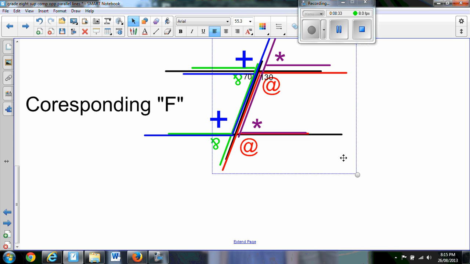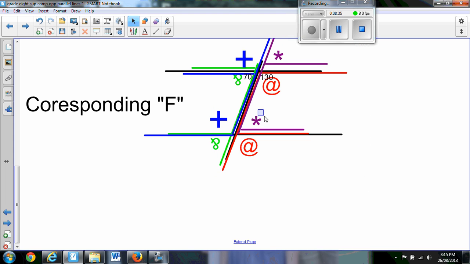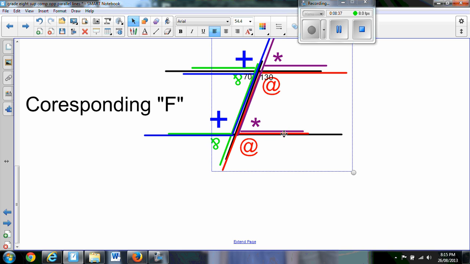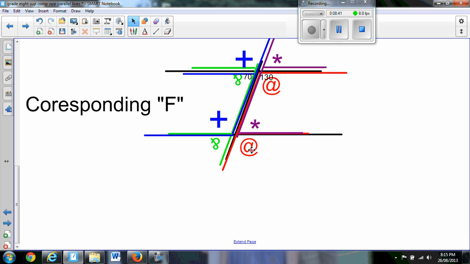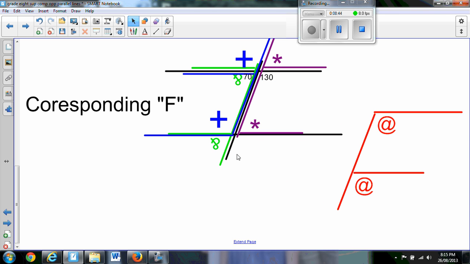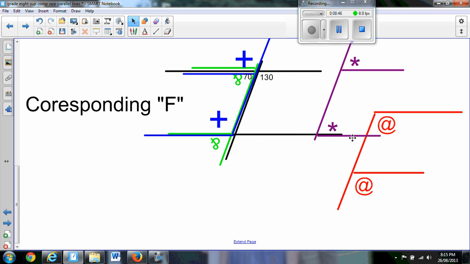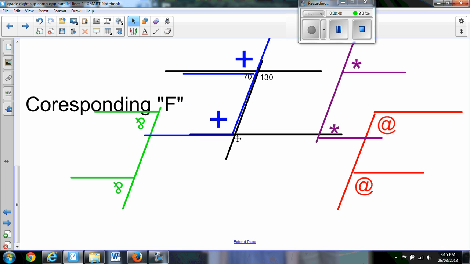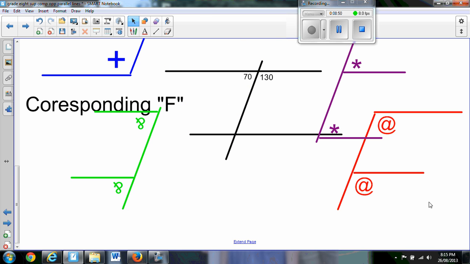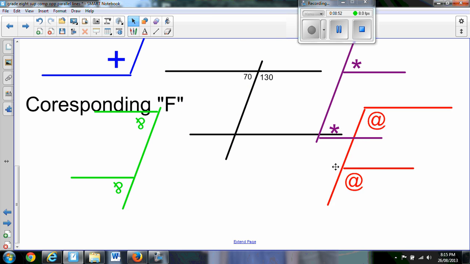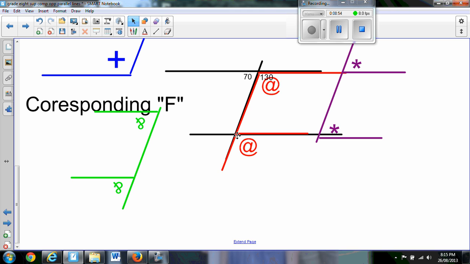In this case, this angle and this angle are the same. So let me pull a few off so you can see where they are again. Move this one out here, move this one out here, and move this one out here. So going back, you'll have four different types of F you could use.